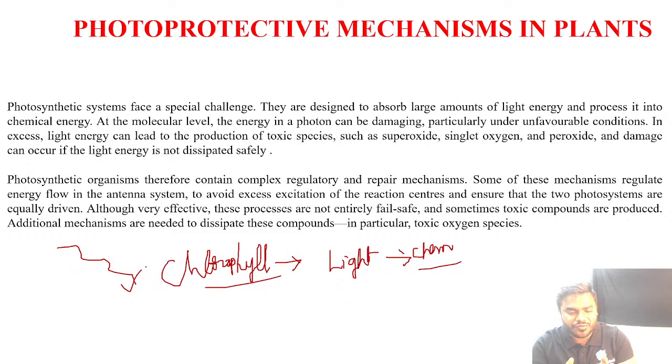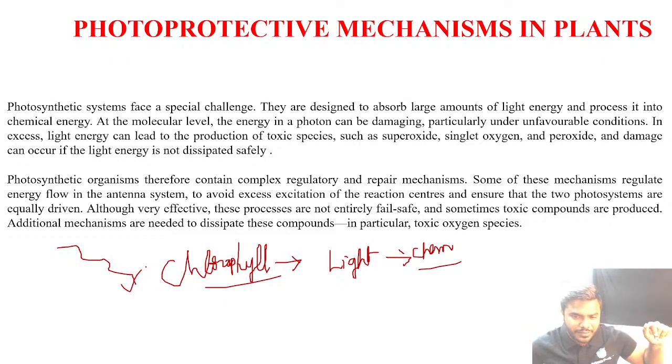Listen to my statements carefully. Imagine I am a chlorophyll molecule. Whenever I am absorbing the light, how much amount of light can I absorb? Only that much amount of light I will absorb, and I will convert that much light energy only into chemical energy. If the light is coming from the sun continuously, do you think I will absorb everything and convert it into chemical energy?